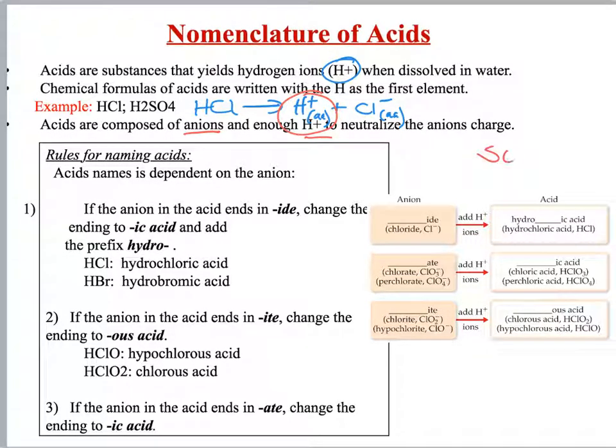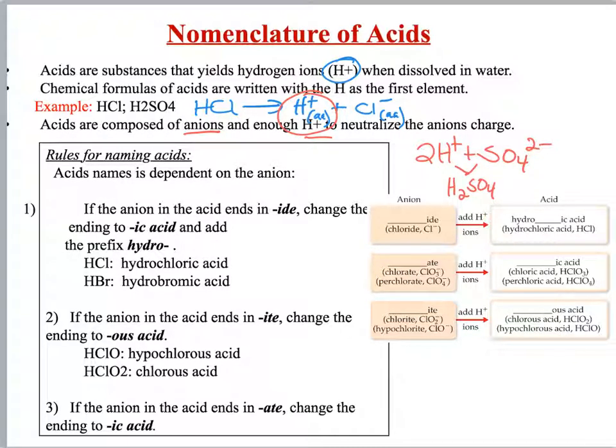So SO4 2- means that we need to add 2 hydrogen ions here to form H2SO4.